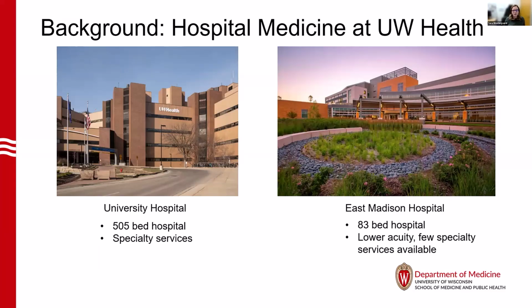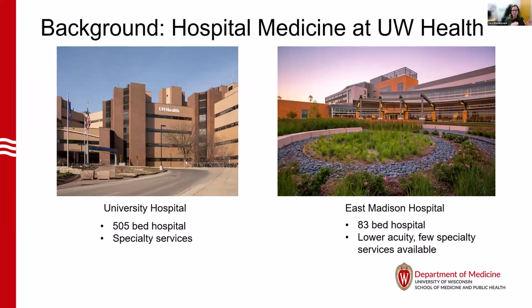For our hospitalists, there are 11 direct care services between University Hospital and East Madison Hospital. When you're doing that week on, week off, when you come back onto the team, you may not be coming back onto the same team that you had just rotated on.